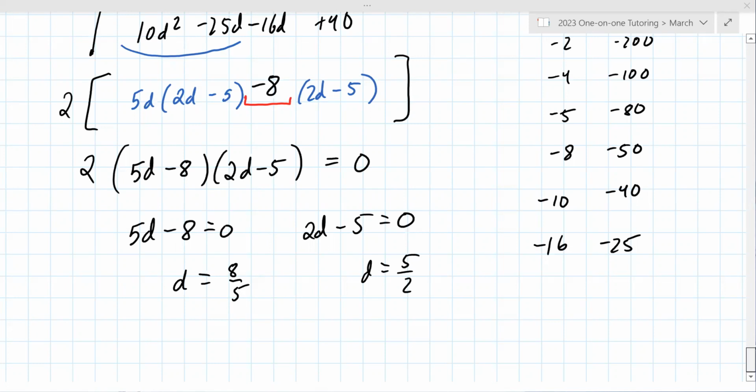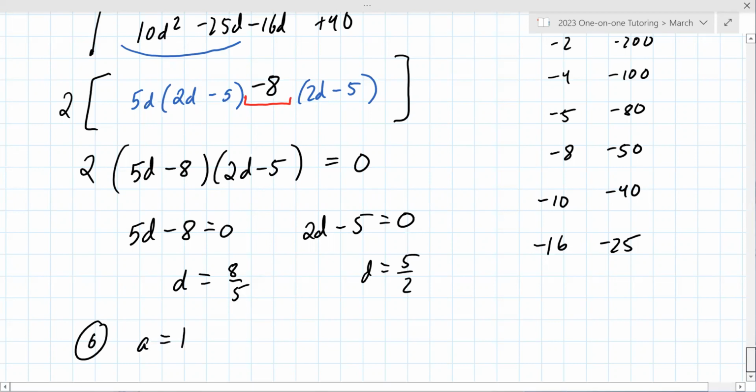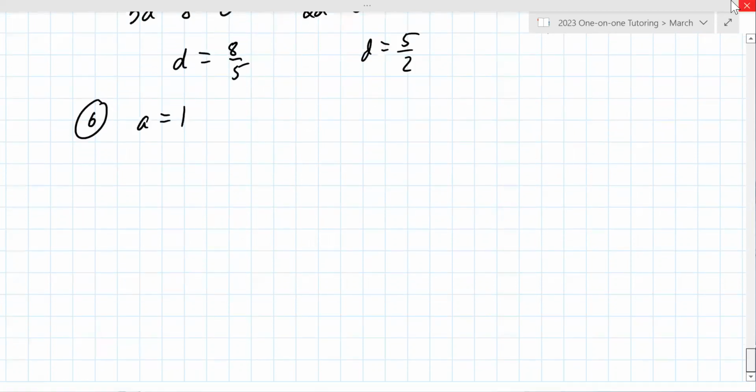I got it. All right, so I believe we did not do 6. 6 is an a equals 1. It's like 1 through 5. I don't believe we did. We did 9, we did 10.